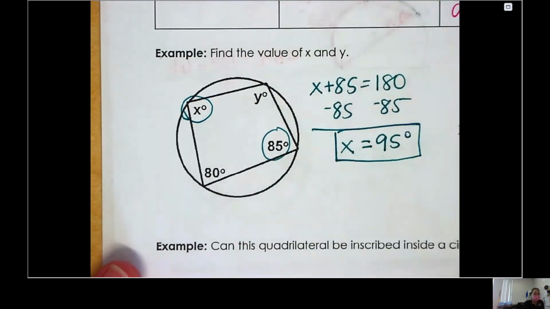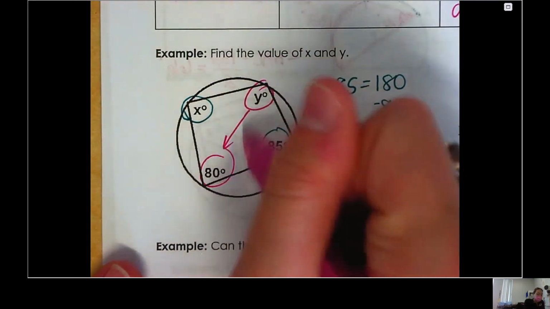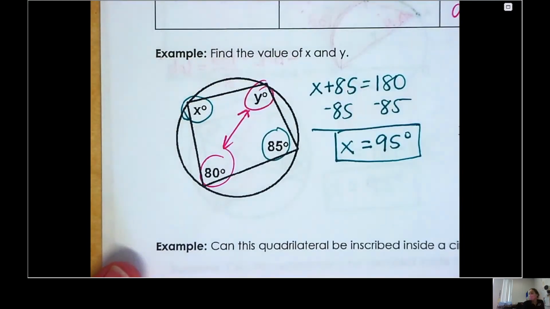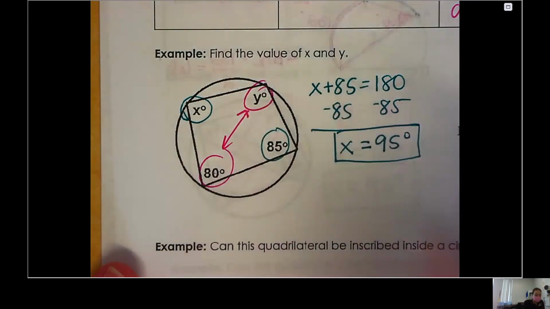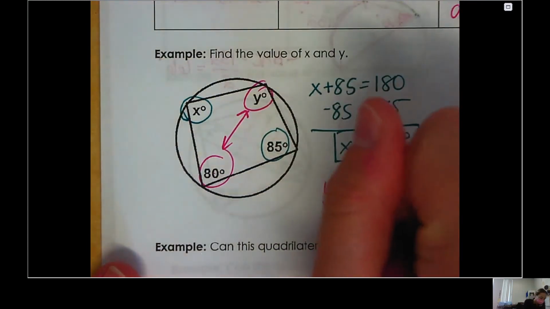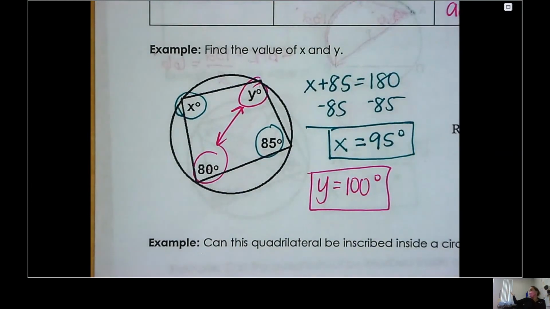You can probably figure out the other one with a little bit of mental math. What does y have to be? 100, exactly. 100 plus 80 gives you 180. There you go. You're done. Easy peasy, right? Just has to add up to 180.